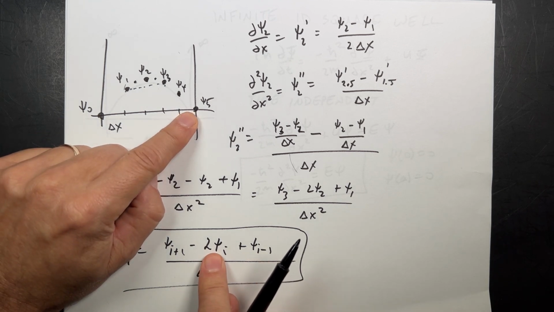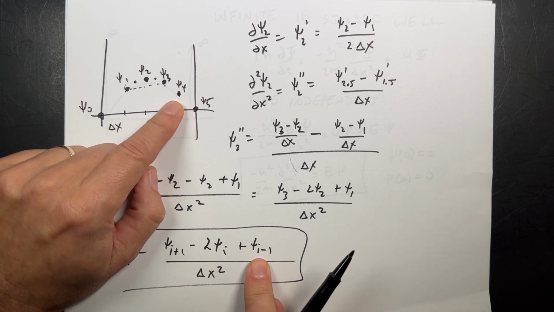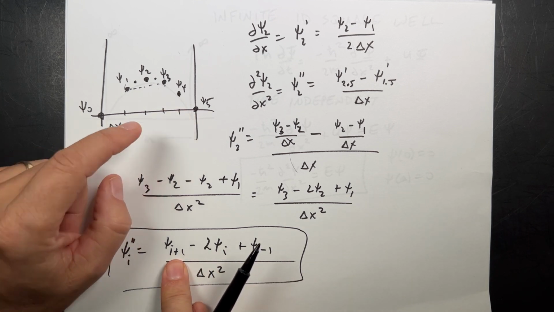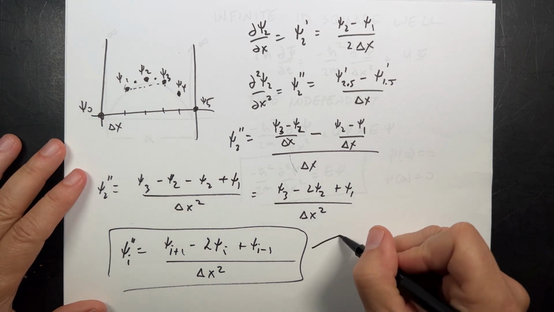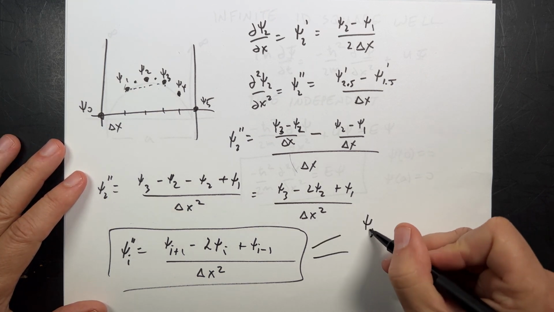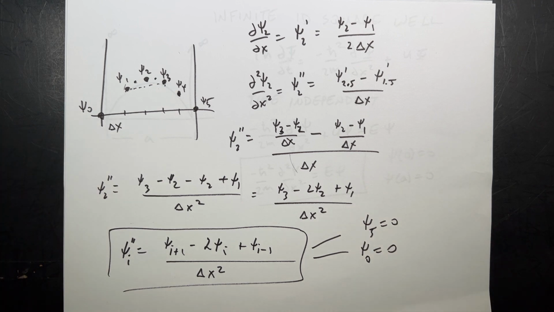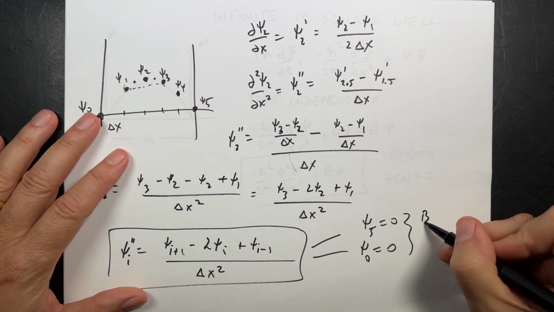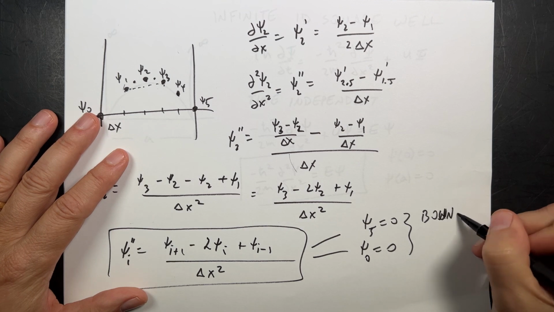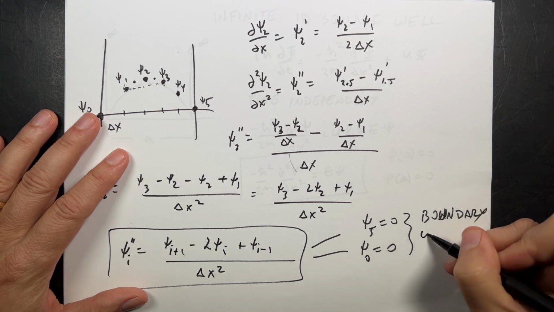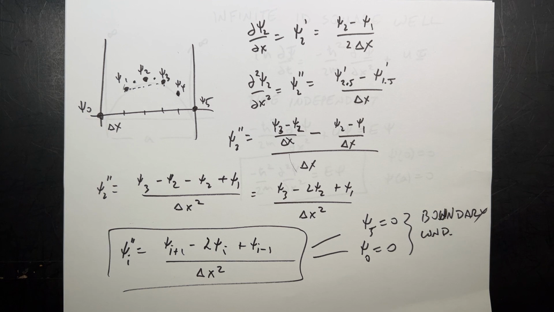I have psi 5, I have psi 4, I minus 1, but I don't have psi 6. It doesn't exist. And that's fine, because psi 5 equals 0 and psi 0 equals 0. Those are our boundary conditions.